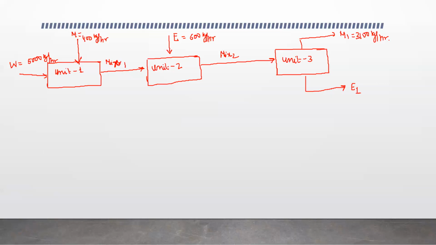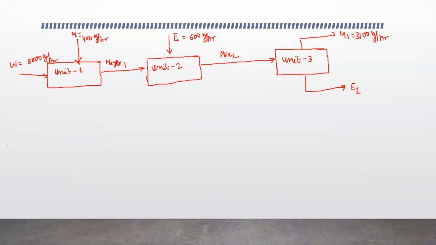Now, whenever we are dealing with more than one unit, there are different methods of solving these problems. Let's not go into different methods. Let's just see how many different equations you can make.